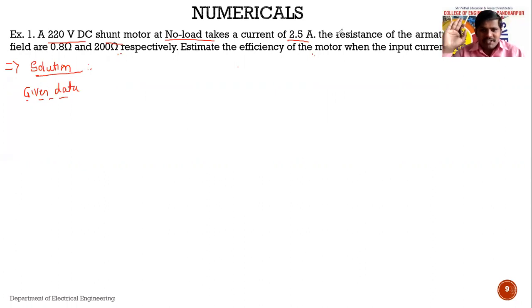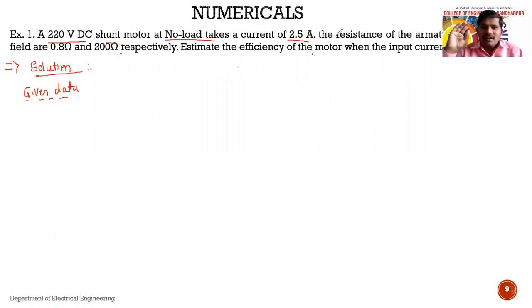When the machine is running on no load condition, at that situation we are taking some no load readings. That means we obtain the no load voltage and the no load current taken from the supply at the no load running condition.